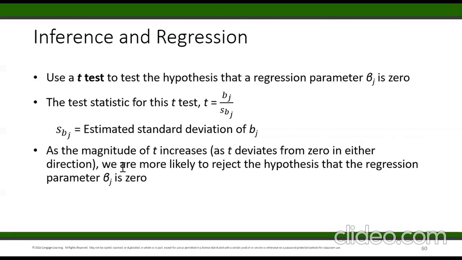This will require a t-test, which has a test statistic equal to the point estimate of the coefficient divided by the estimated standard deviation of the coefficient, the estimated coefficient coming from our sample, right?